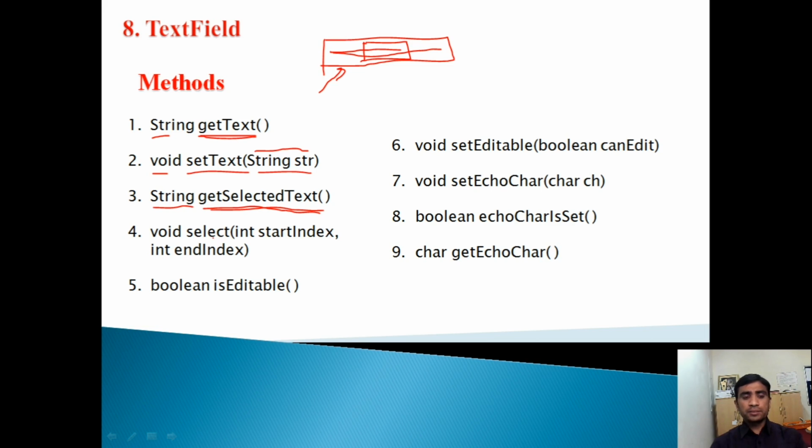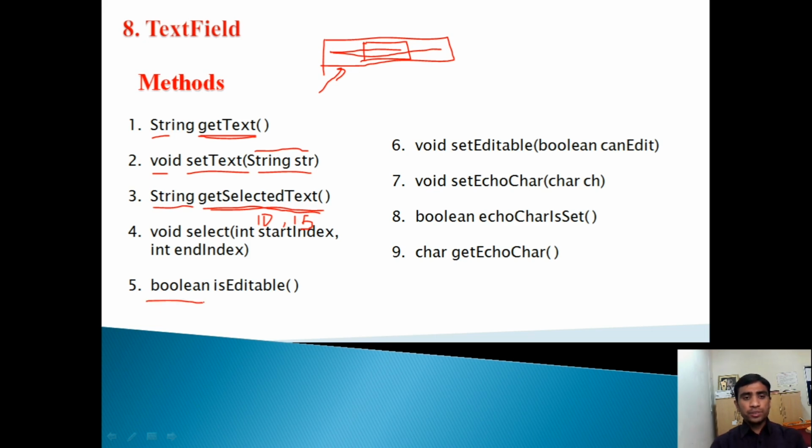For example, if your text field has 20 characters and you want to select characters from the 10th position to the 15th position, you can specify 10 as the start index and 15 as the end index. This method will select characters from the 10th position to the 15th position.